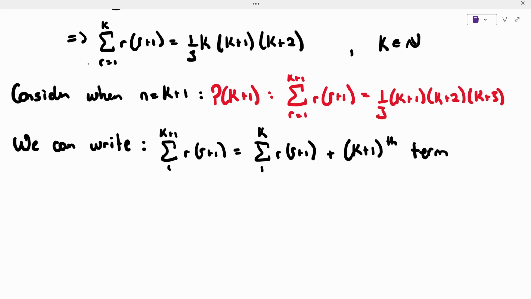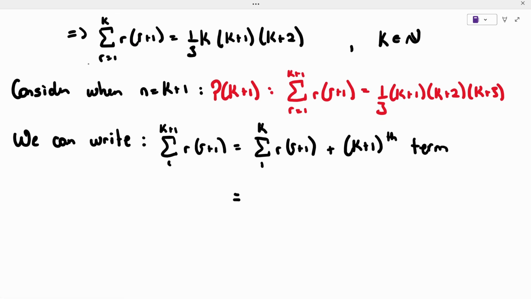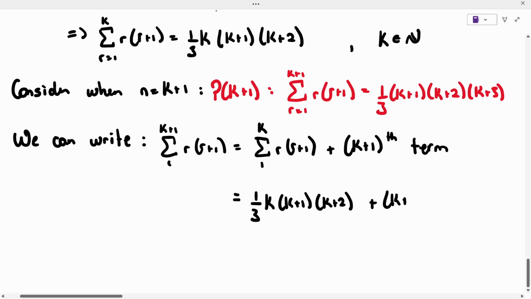The summation of the first k is the first plus the second plus the third all the way up to the kth. So the summation of the first k plus 1 is the first plus the second plus the third up to the kth plus the (k plus 1)th. So from our inductive hypothesis, we have an expression for this. That's right here. So this is equal to 1 over 3 k into (k plus 1) into (k plus 2) plus the (k plus 1)th term, right?